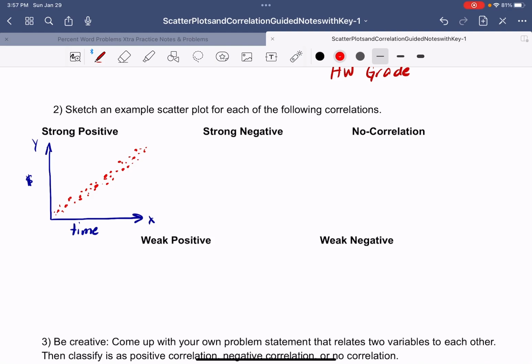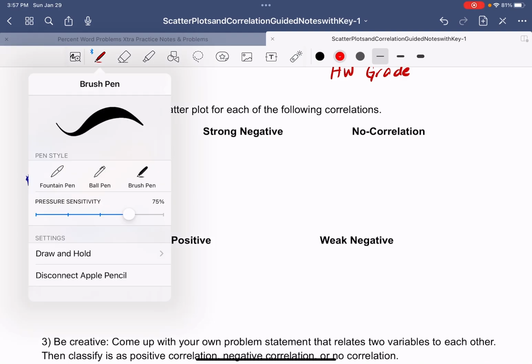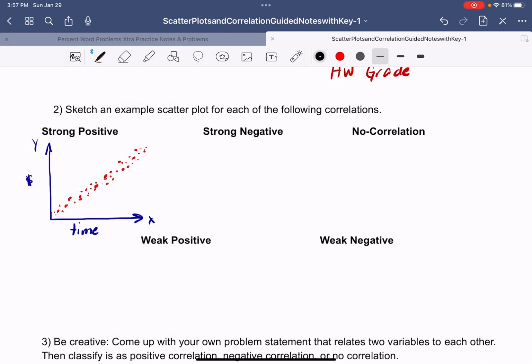Now, a strong negative correlation. I want you to draw another graph here, okay? And here you have your y-axis, your x-axis. A negative correlation is going to look something like this, where we have data points that go in the other direction, okay?